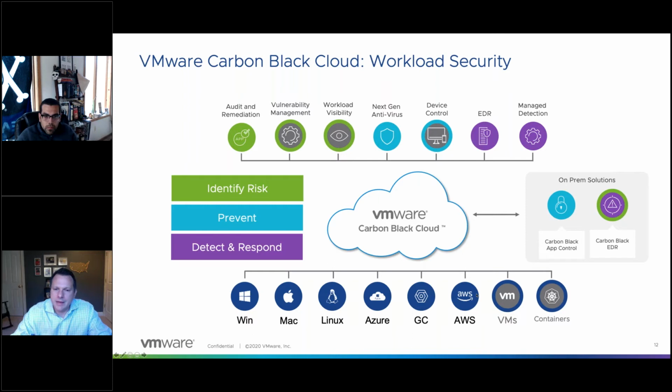So Carbon Black, given its history, comes from an endpoint security mindset, and it comes from, I'll call it, a CISO mindset of horizontal support first. We have the ability of covering any environment on the bottom, any Windows, Mac, Linux operating system, anything running in your core public cloud environments, Azure, Google Cloud, or AWS natively, that isn't necessarily running VMware. All of those things can be covered by just simply deploying the Carbon Black Cloud Sensor into those operating systems.